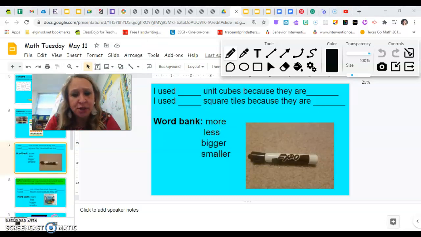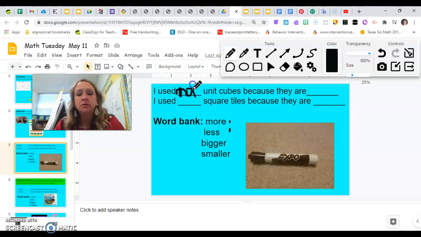Is that more or less more or less than the square tiles? More. I used more. I used more unit cubes because they are bigger or smaller? Smaller.